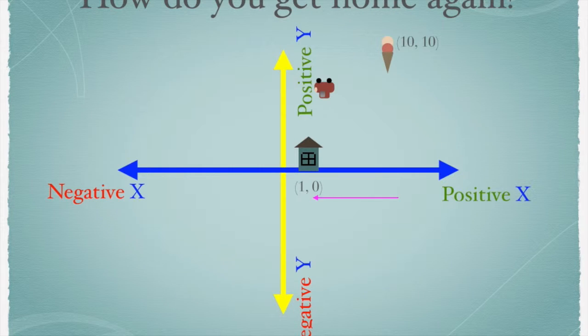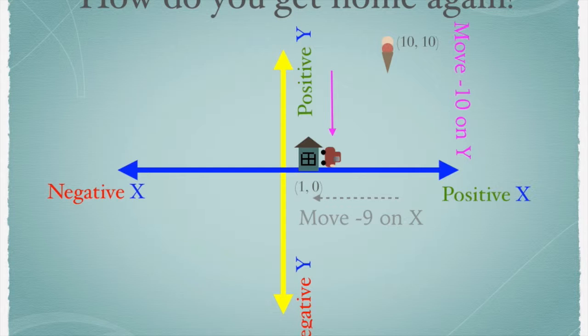So this is what you do. You move -9 on the x, and then you would move -10 on the y, and that gets you home again. So that's how you'd write it in, is @-9,-10. And that would let the program know that we're going to the left on the x and down on the y.